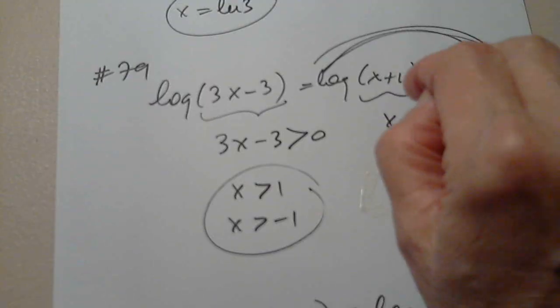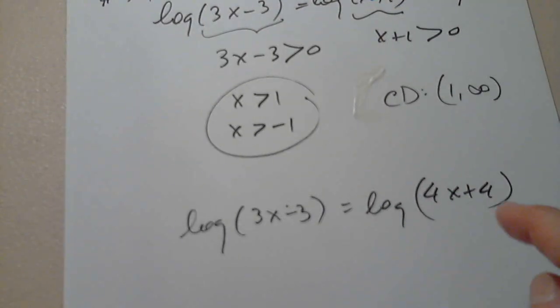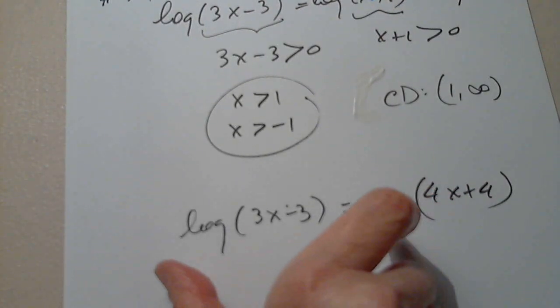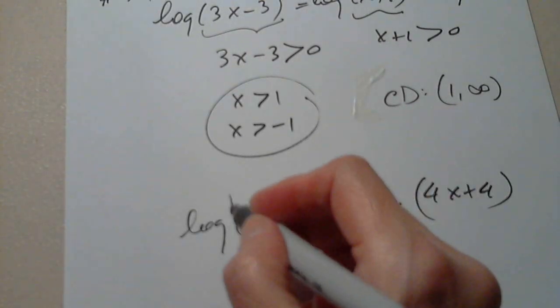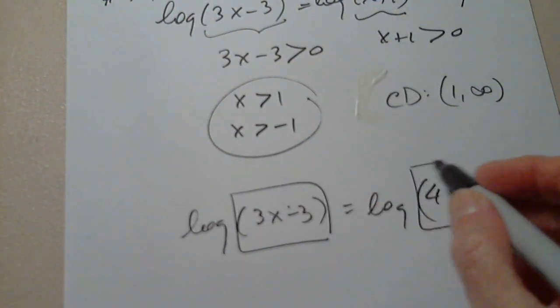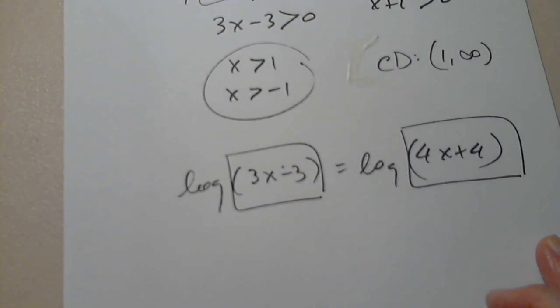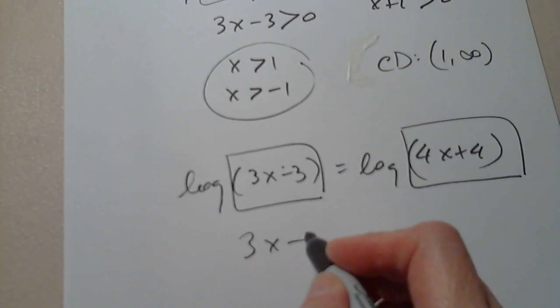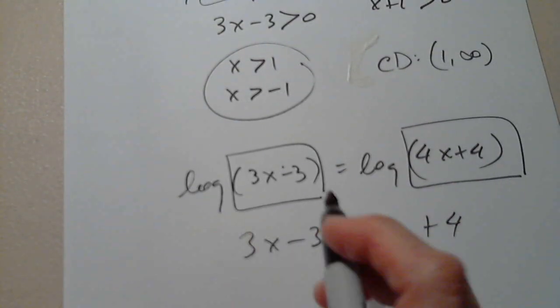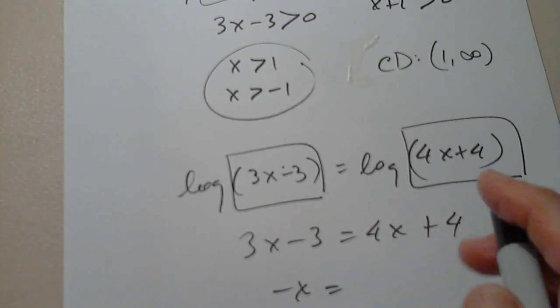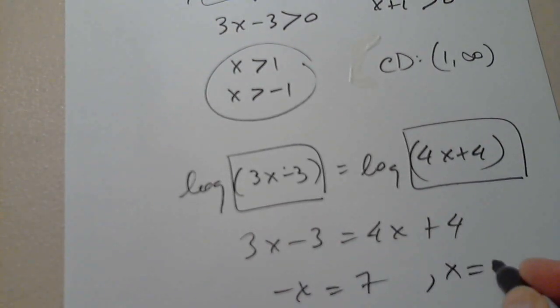And when I multiply 4 by x plus 1, I get this. Two logs in the same base, of course, are equal to each other. The same like with exponential. This piece has to equal this piece. There is no other way. So 3x minus 3 must equal 4x plus 4. I move 4x. I move 3. So then x equals negative 7.